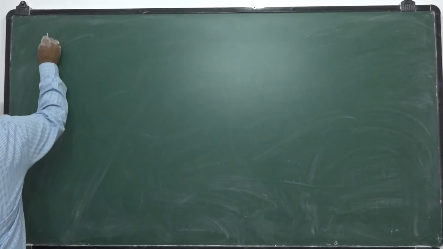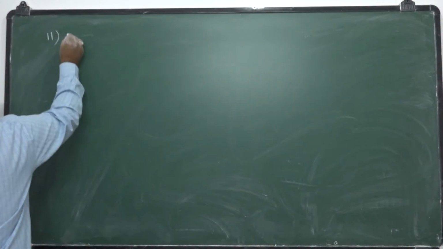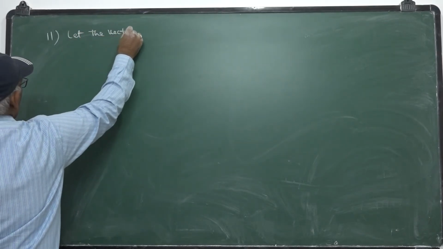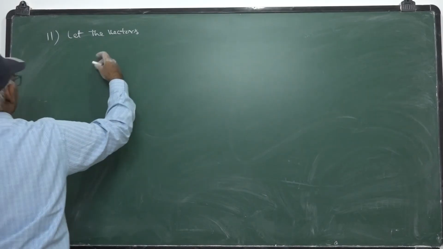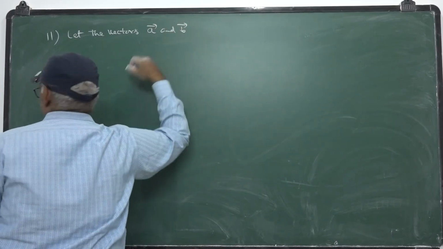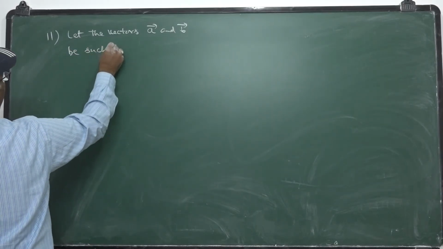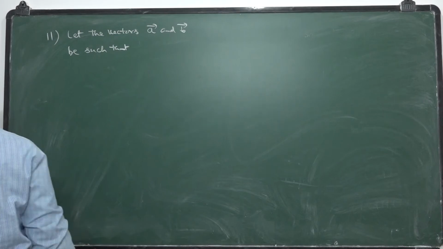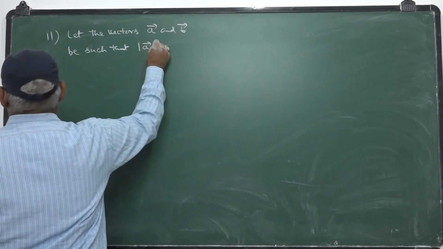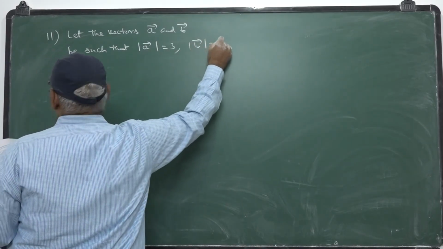Next, 11th bit. Let the vectors a bar and b bar be such that modulus of a bar equal to 3, modulus of b bar equal to root 2 by 3.